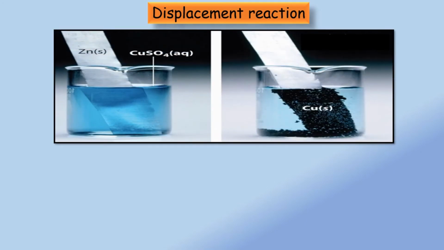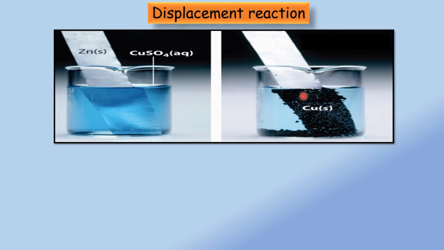Let us learn displacement reaction. As you can see here in the picture, when a strip of zinc metal is placed into a copper sulfate solution, a reaction immediately begins as the zinc strip begins to darken.